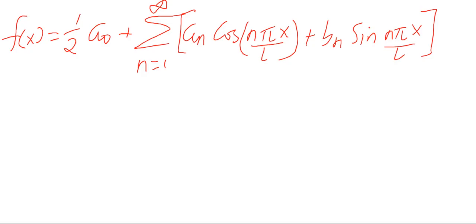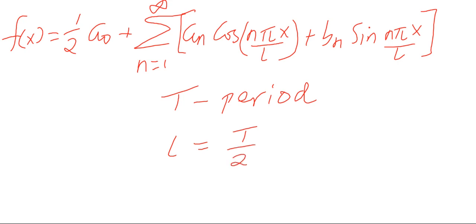L here is half the period. So if the function is periodic with period T, then L will be T divided by 2, half the period.